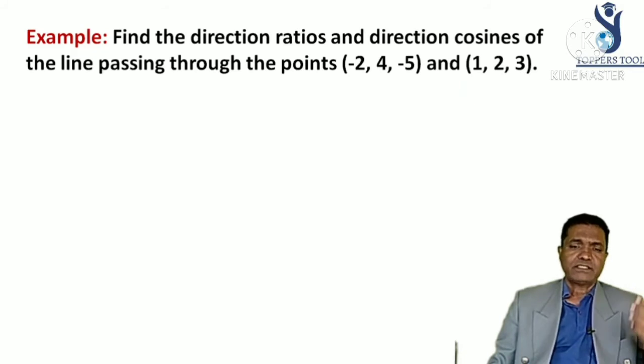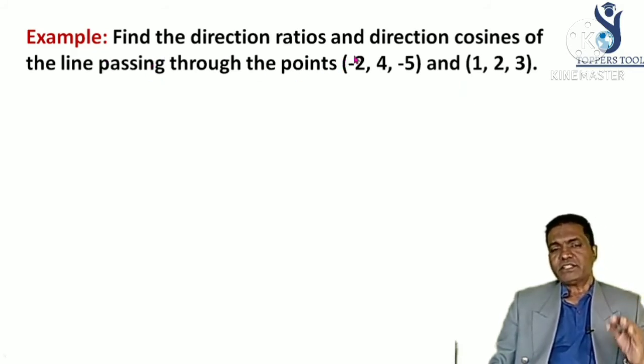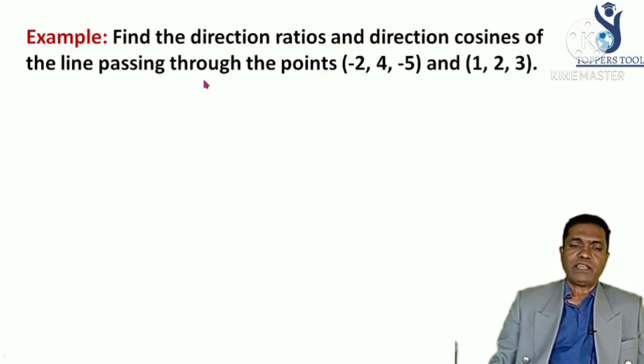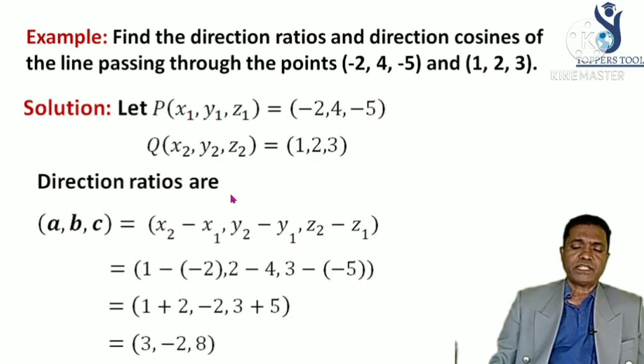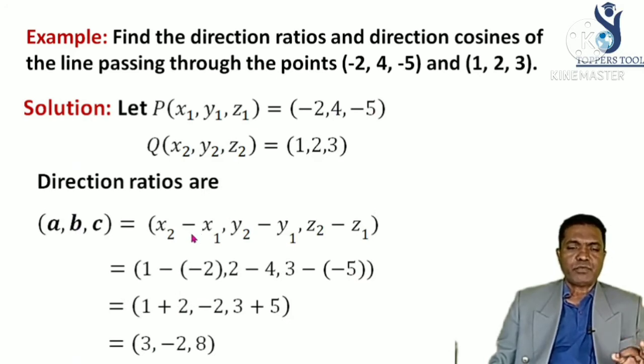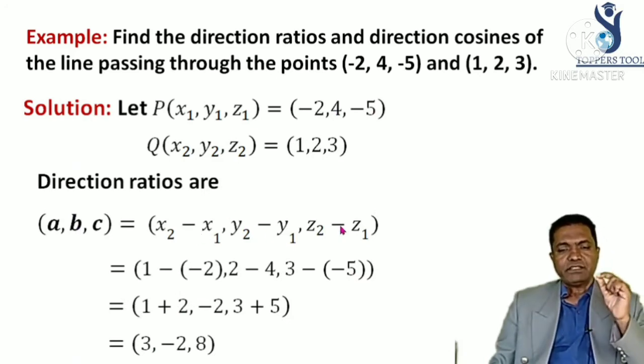So let's have one example. Find the direction ratios and direction cosines of a line passing through two points. You are given two points. Let's call them P as this point and Q as this. So these are x1, y1, z1, x2, y2, z2. So direction ratios are given by, as I said earlier, x2 minus x1, y2 minus y1, z2 minus z1.